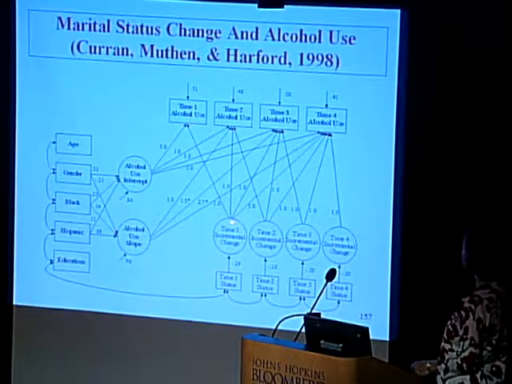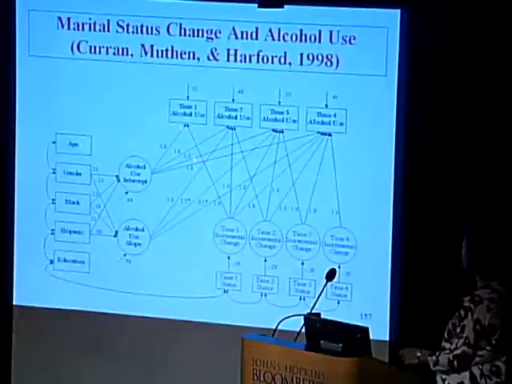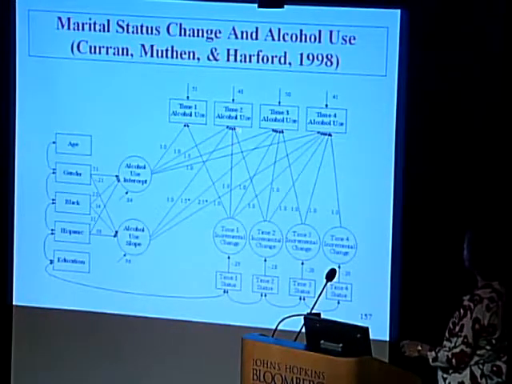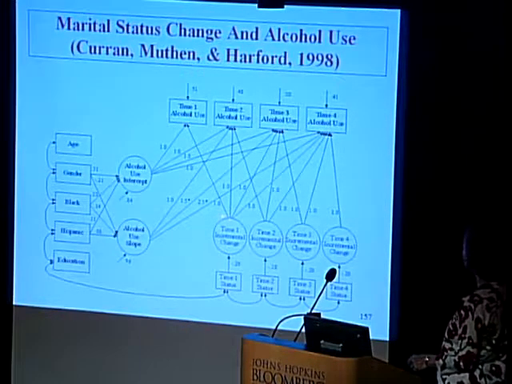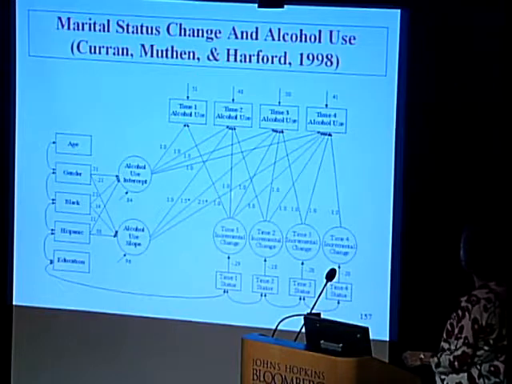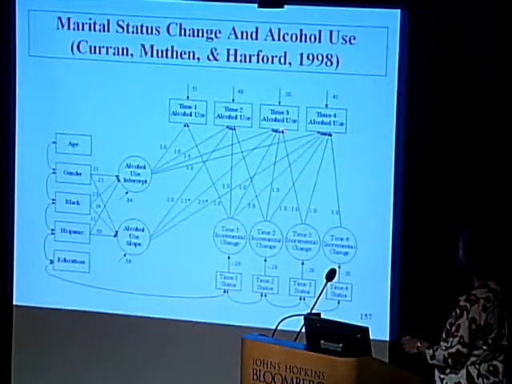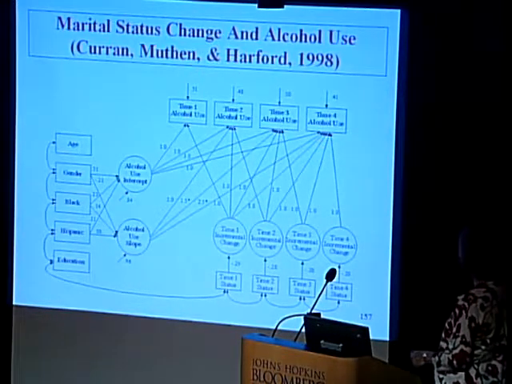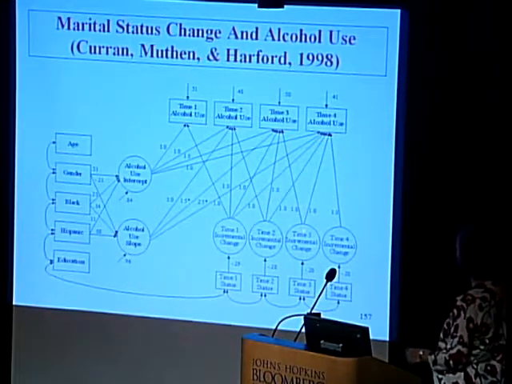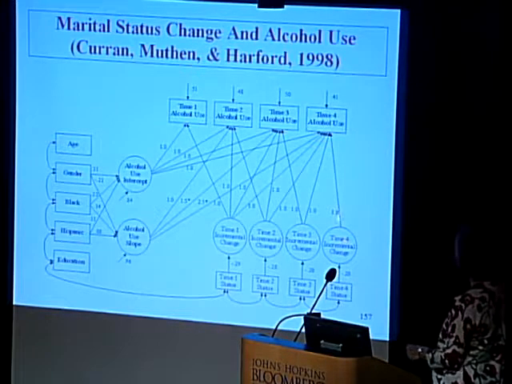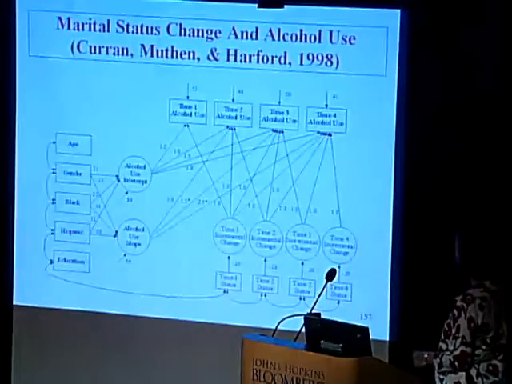The first one points to time 1, time 2, time 3, and time 4. The second one points to time 2, time 3, and time 4. The third one to time 3 and time 4. And the fourth one only to time 4.